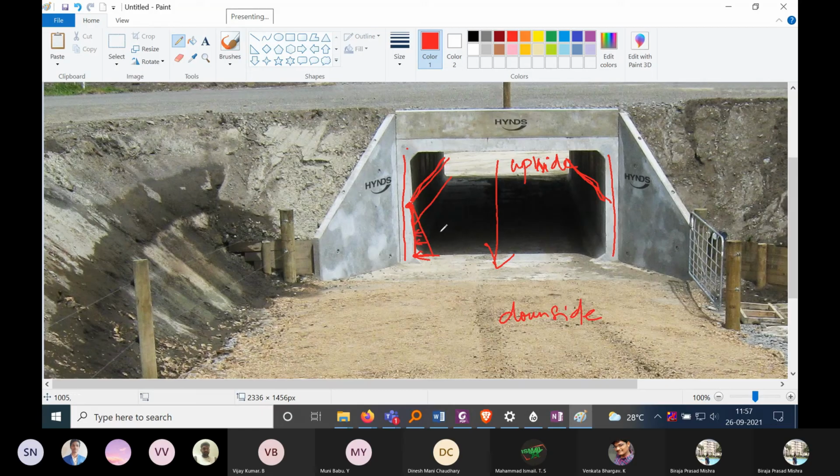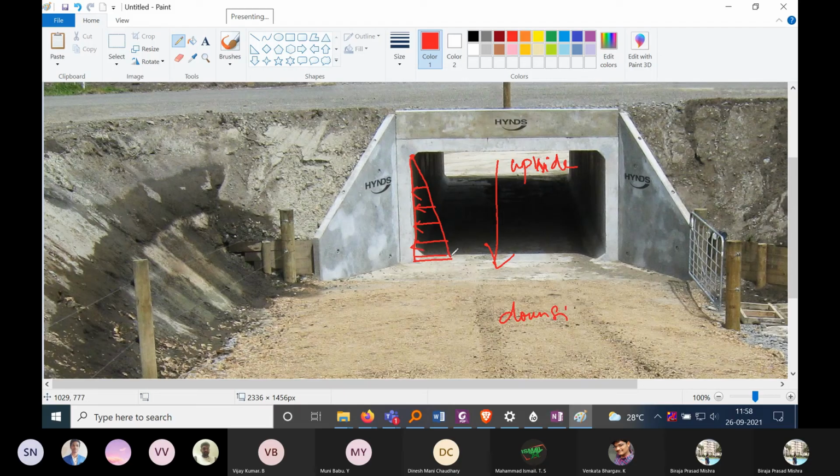Now let us say the water level is full, along this line. Then again it will be a triangular load acting on the vertical side wall.